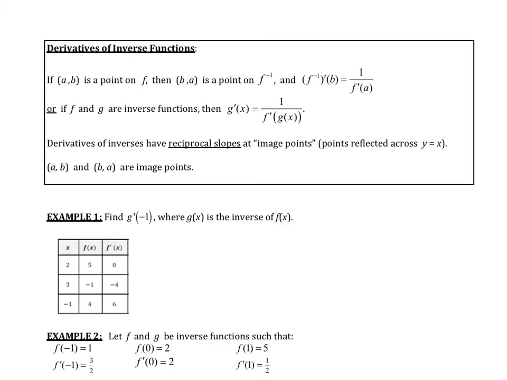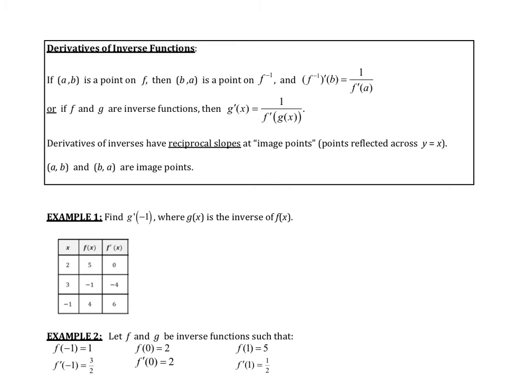So using what we just found, we can say a couple things. One, if we have a point AB on the function, and the point BA is on the inverse, what that means is that the derivative of the inverse evaluated at B is equal to 1 over the derivative of the function evaluated at A. Or, if F and G are inverses, then the derivative of G is equal to 1 over the derivative of F evaluated at G. So what we've seen so far is that derivatives of inverses have reciprocal slopes.